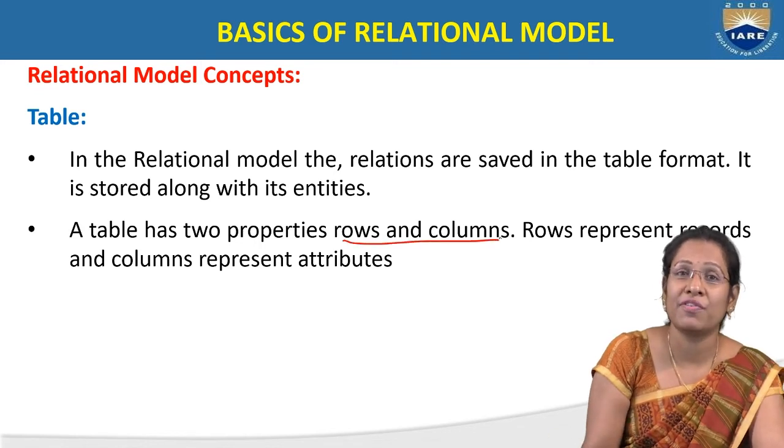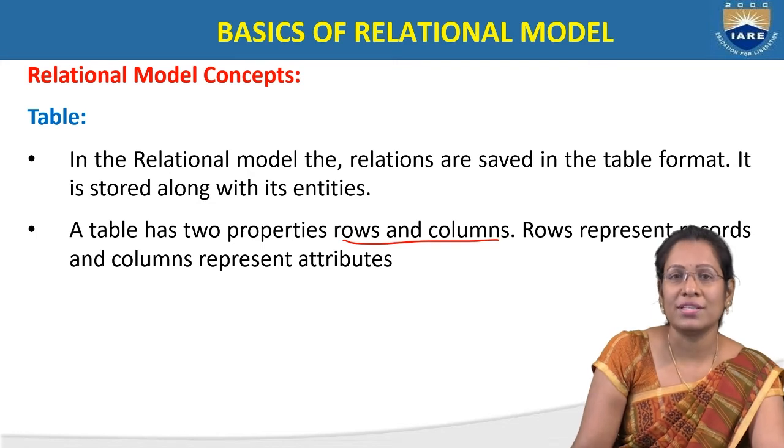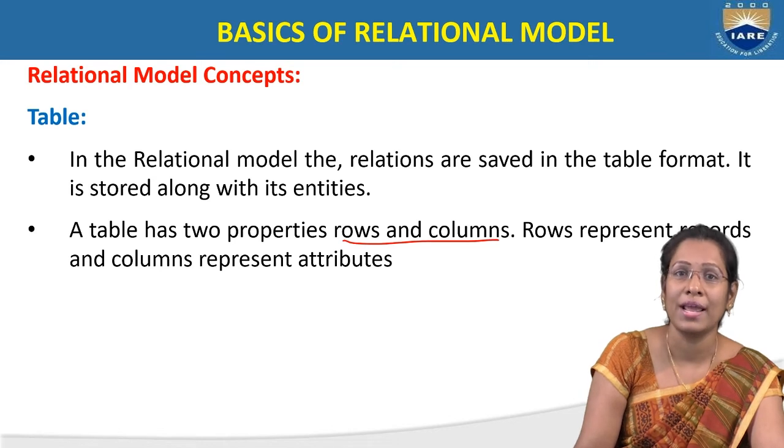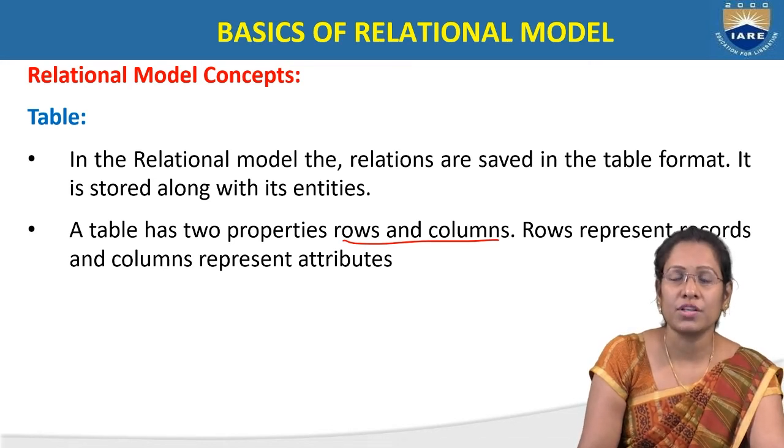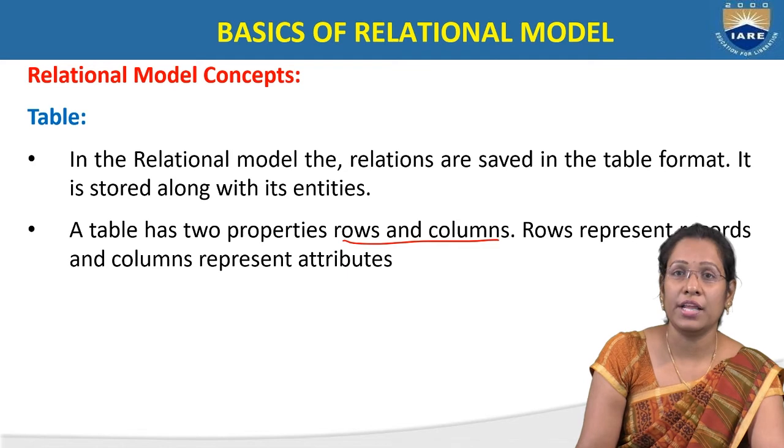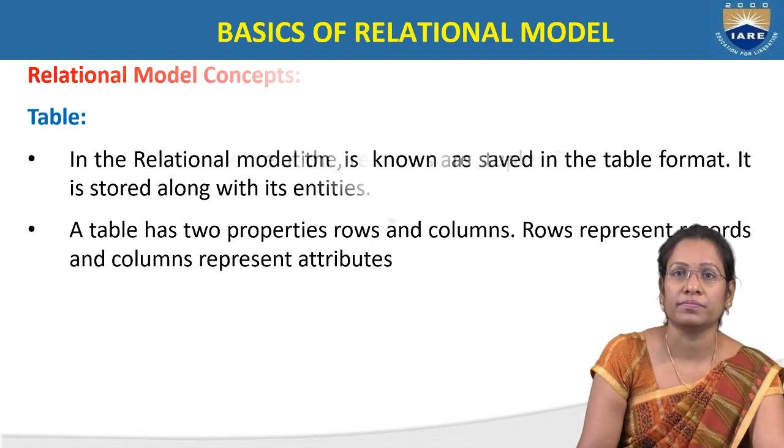Rows specify the records and columns specify the attributes. Once we identify the entity and its attributes, the user can enter the data. Those become the tuples, records or entities. So this is about the table, and a table is also called a relation in the relational model.